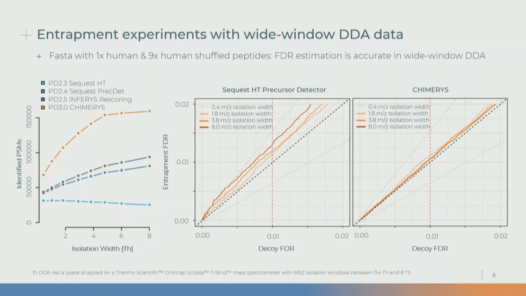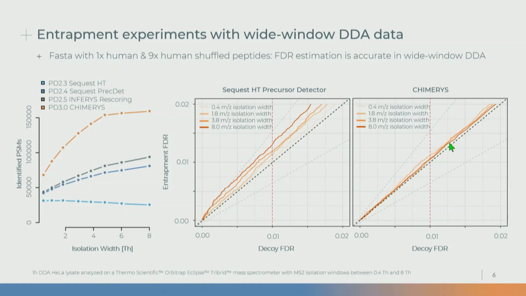And if you look at the curves for Sequest HT with Precursor Detector, an algorithm dedicated for the analysis of chimeric spectra, you see that as you increase the isolation window, you get a bit more matches into the entrapment space and into the decoy space, meaning that we are a bit anti-conservative with Precursor Detector.